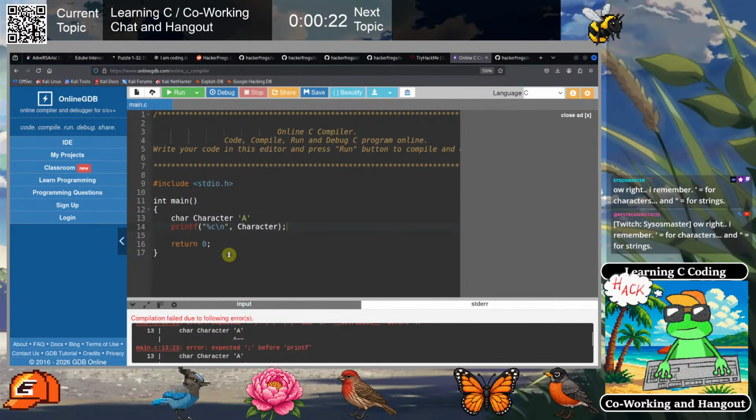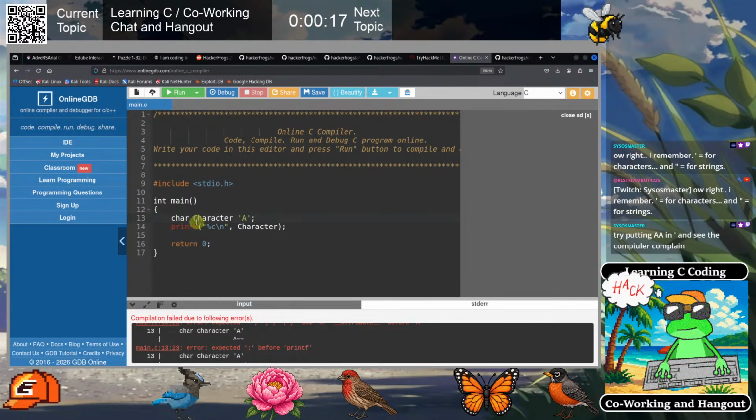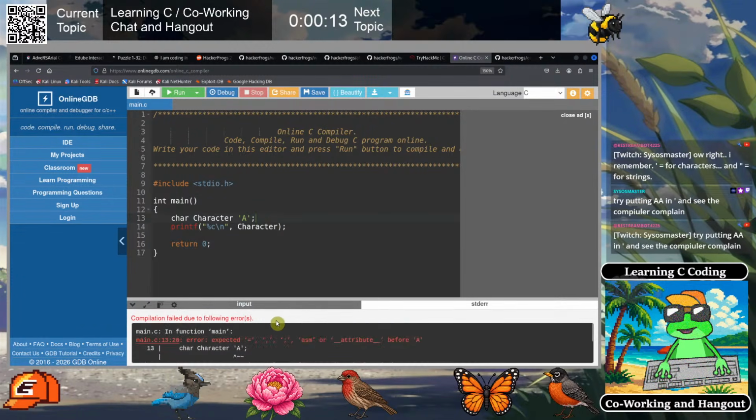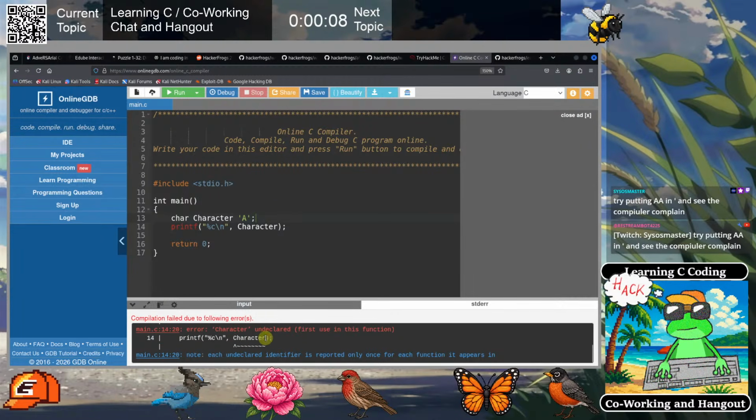Expected something before printf. Oh, no, sorry, forgot my semicolon. Character undeclared. Wait, what did I do wrong?